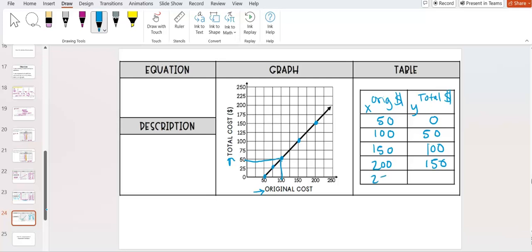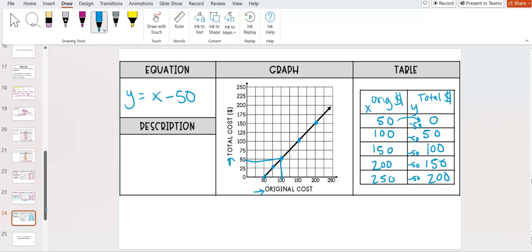And when x is 250, y is 200. What is our process? How do I go from x to y? Well, it looks like we are getting rid of 50 every time. That means that my equation is going to be y equals x take away 50.